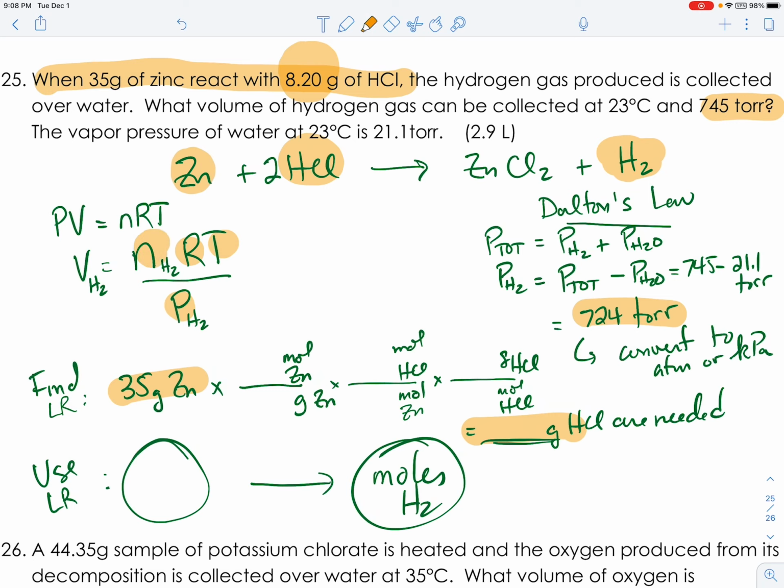We have the moles of hydrogen from our stoichiometry, we have the temperature from the question itself, the pressure we got from Dalton's law. Now we can go ahead and calculate the volume of the hydrogen using the ideal gas law.